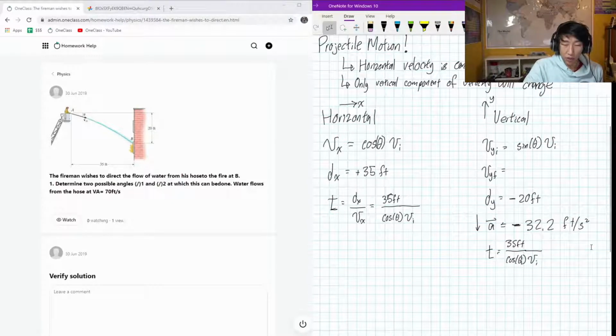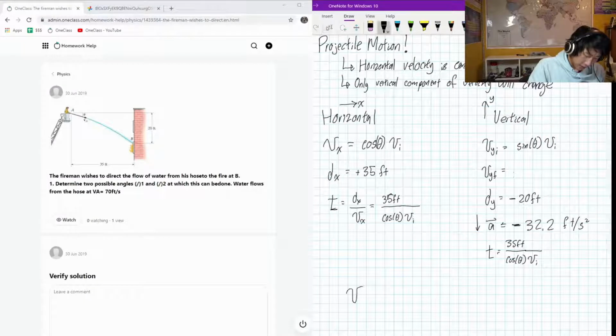Now the only thing that we have left to calculate here is the final velocity, and we know that final velocity, this is our kinematic equation, is equal to initial velocity plus acceleration times time.